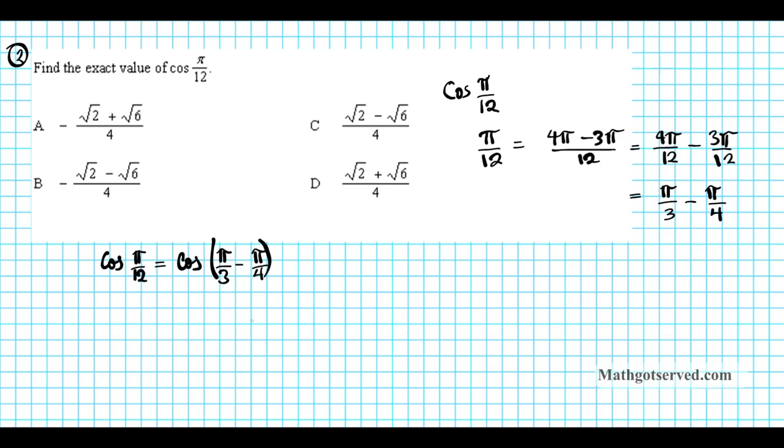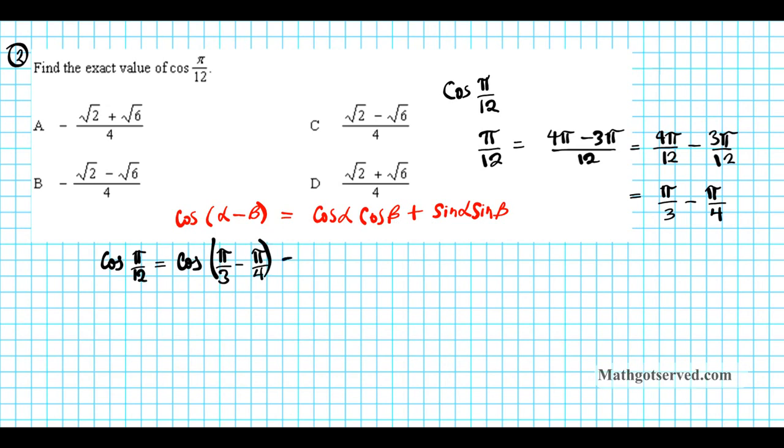So since there's a difference and there's a cosine, we're going to be using the difference identities for cosine. So cosine alpha minus beta, if you remember what it is, it's cosine alpha cosine beta plus sine alpha sine beta.